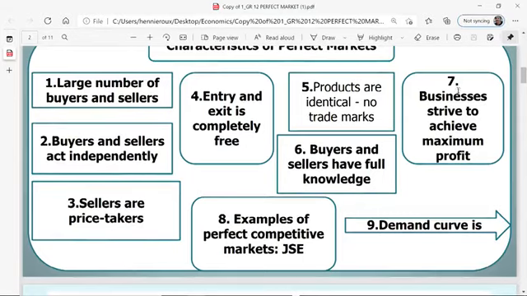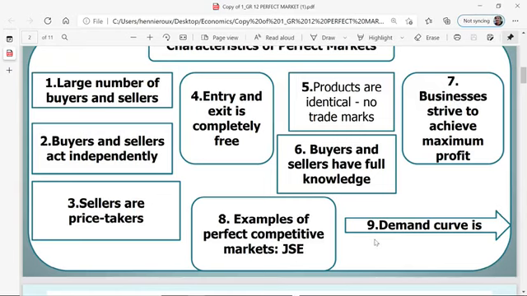Number 7, businesses strive to achieve maximum profit. As you know, this is the aim of any business, right? They want to make maximum profit. And then number 8, an example of a perfect competitive market is your Johannesburg Securities Exchange, or JSE, where they sell shares, right?